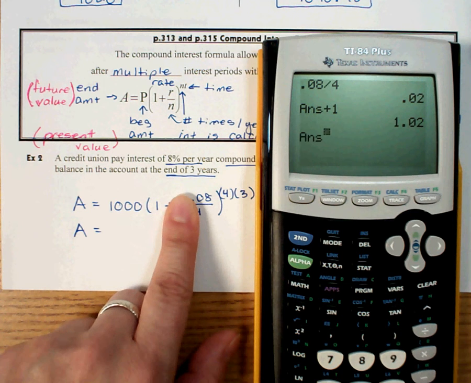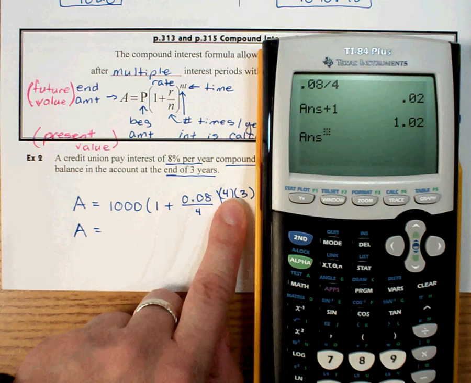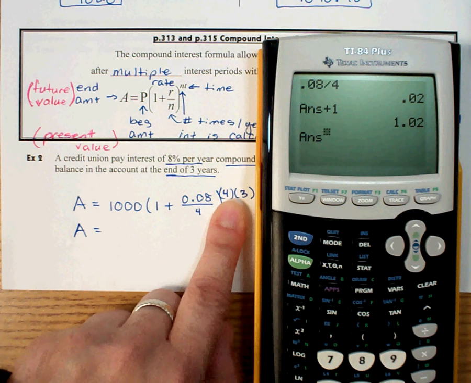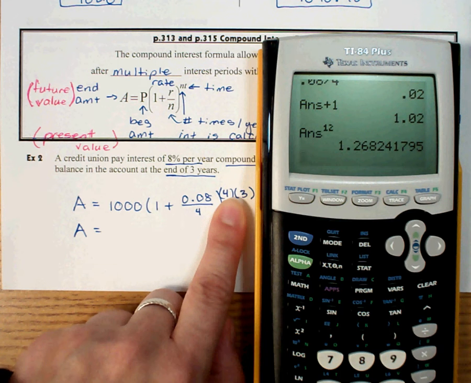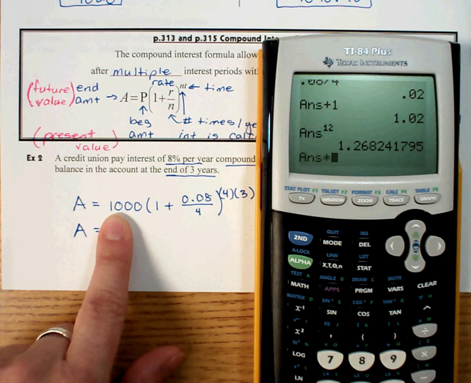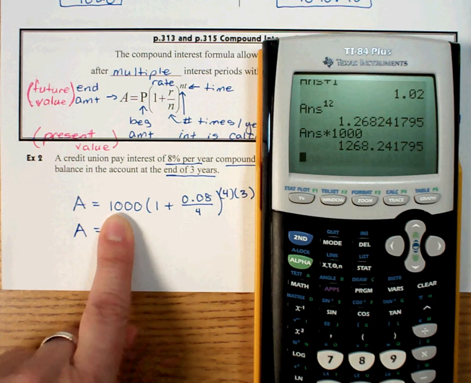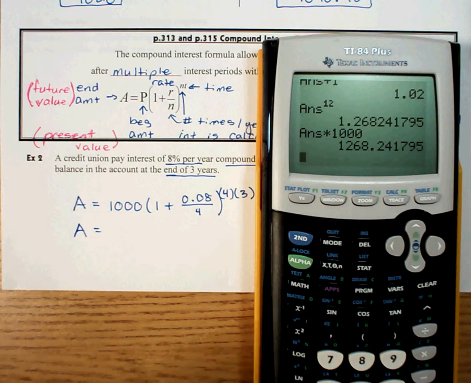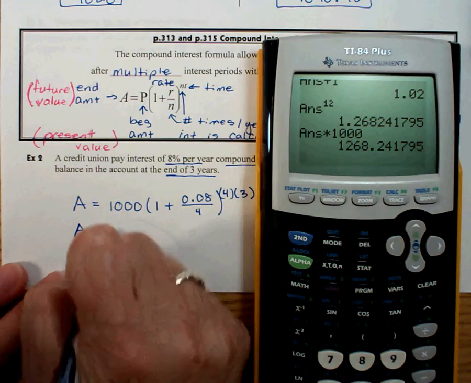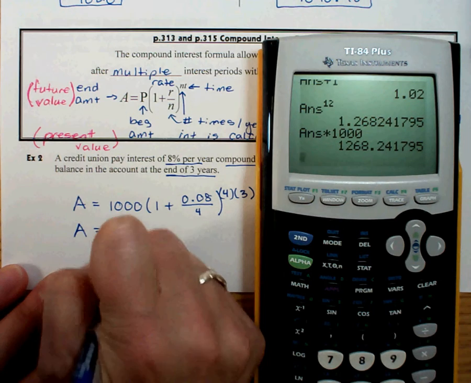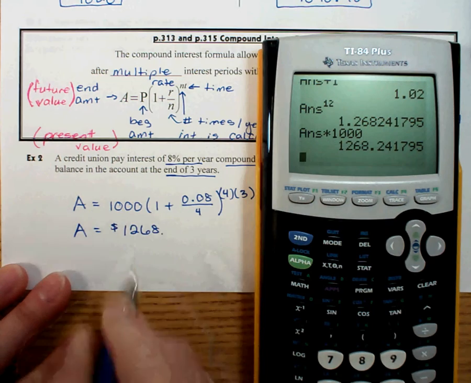I would raise that to my exponent. This one is easy enough done in my head, but it's not always. But I can do that as a 12. Now I take that entire value times my 1,000. Since we're working with money, we're going to round to 2 decimal places. So $1,268.24.